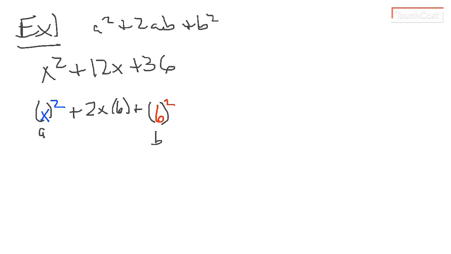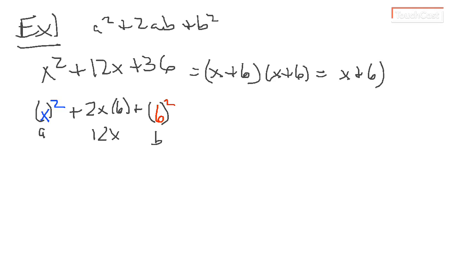And 2 times x times 6, that's 12x. So this means we can just use the formula that we just looked at. That means this factors to x plus 6 times x plus 6, which we can simply write as x plus 6 squared.